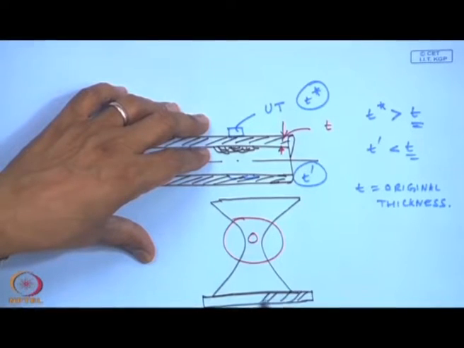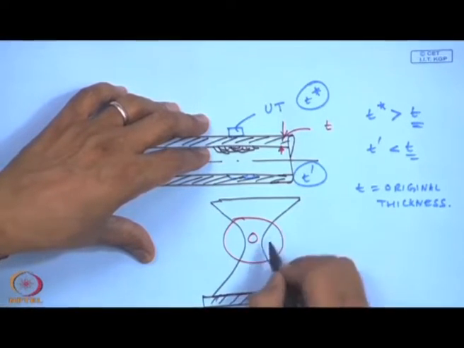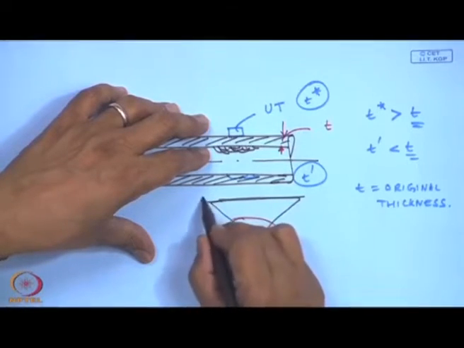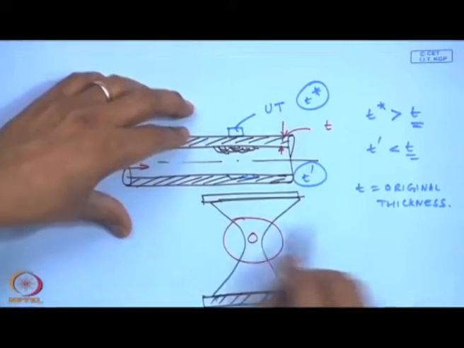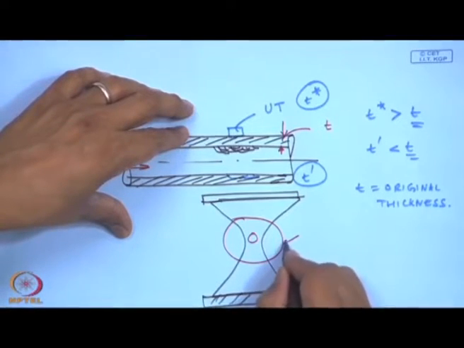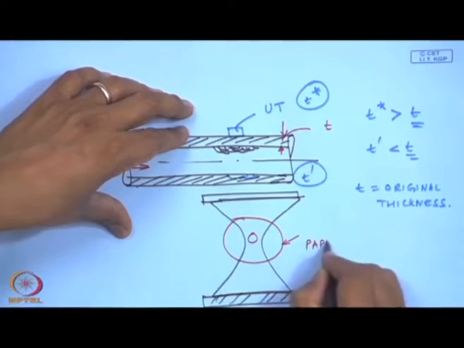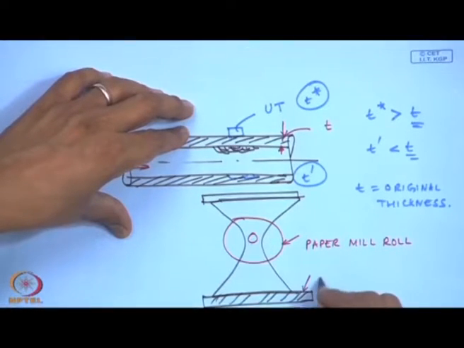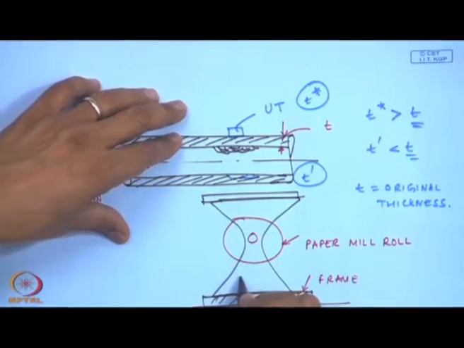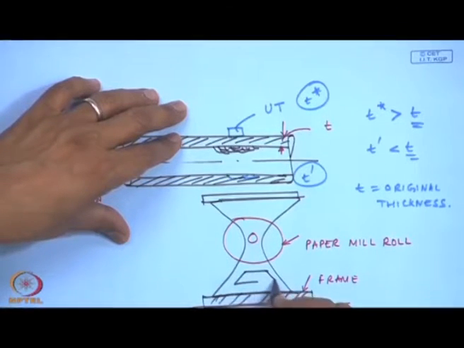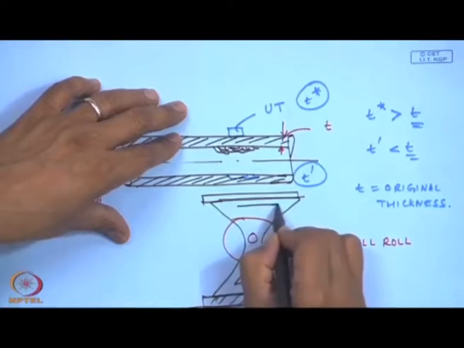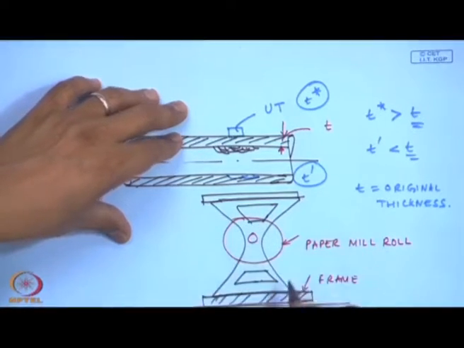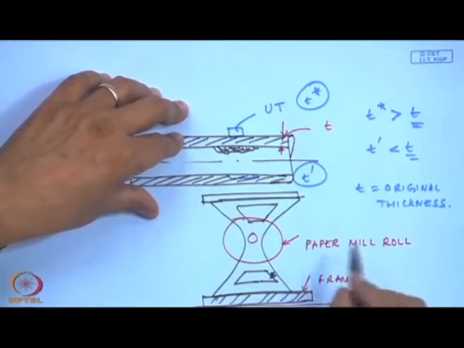I am just drawing one of the front views, but there are a series of such frames put in the plant, where this is the paper mill roll, and this is the frame, which is of course put on a foundation on the floor. So, in such a plant, there were cases where they knew this was steel, but nobody knew what was the thickness of this material.